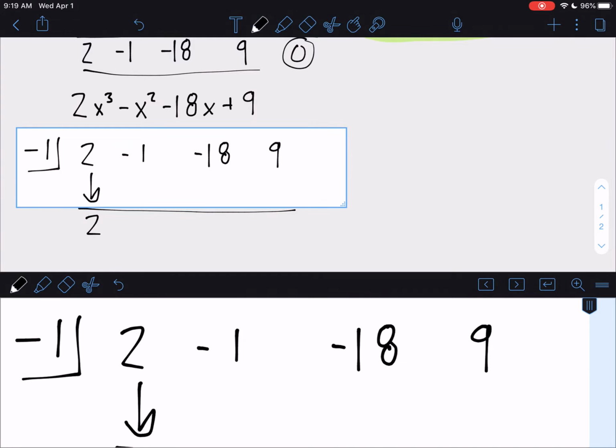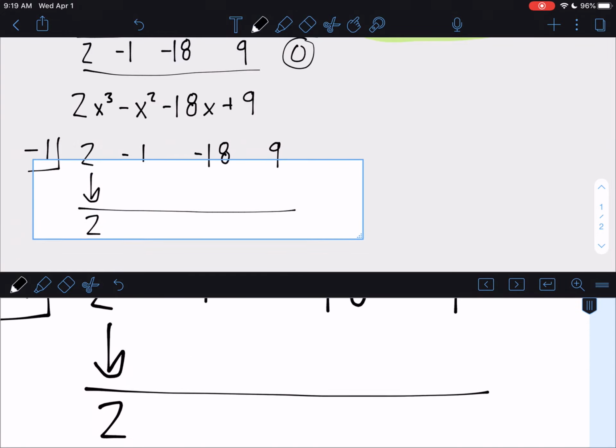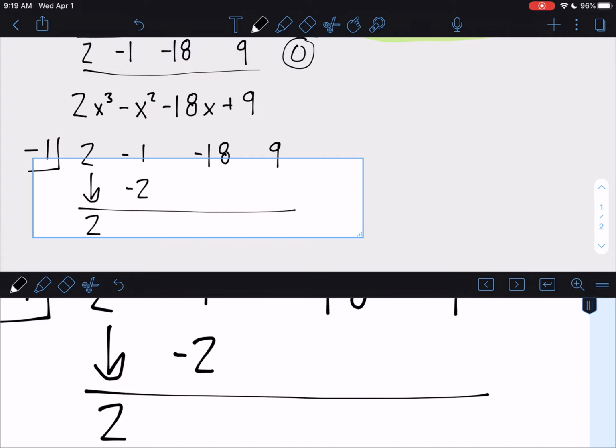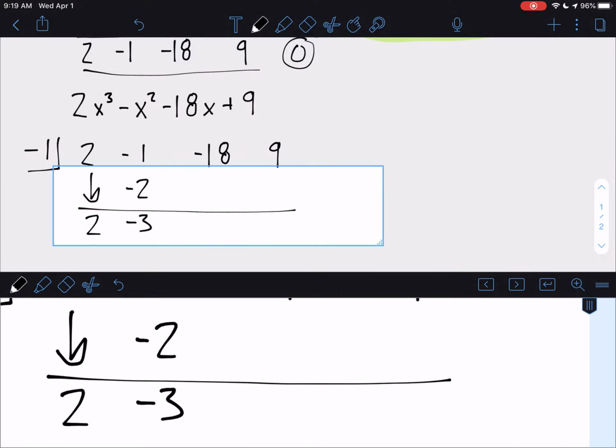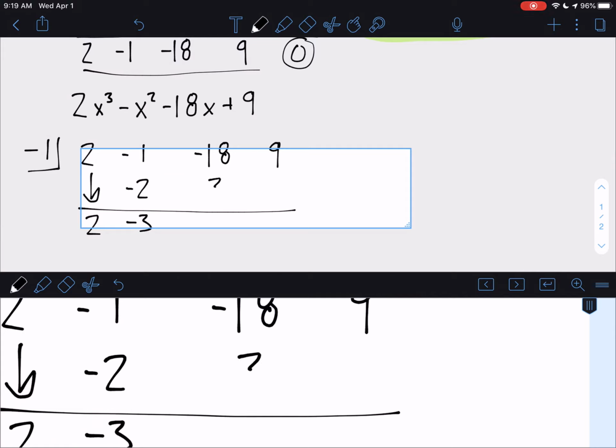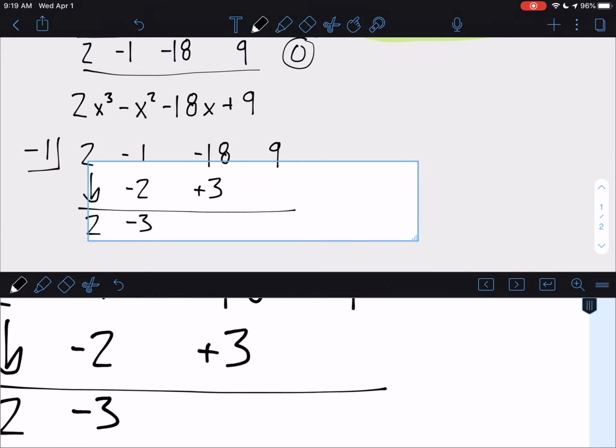Then I have the negative 1 inside the box times the 2, there is going to be negative 2. So negative 1 minus 2 is negative 3. And then I have the negative 1 in the box times negative 3 is going to be positive 3. And I have negative 18 plus 3. That's going to give me negative 15.